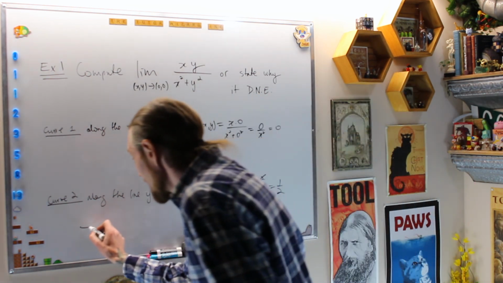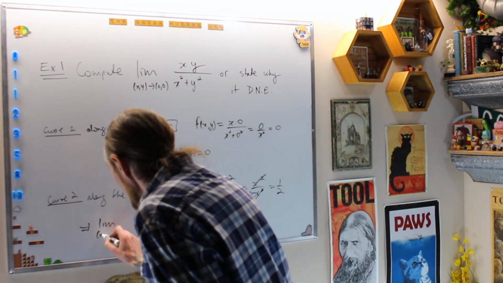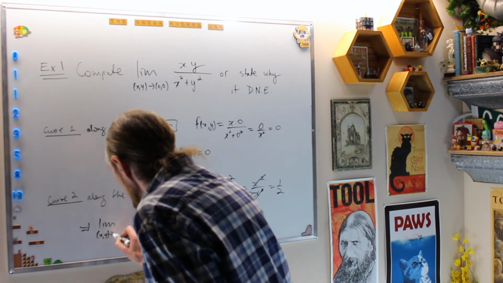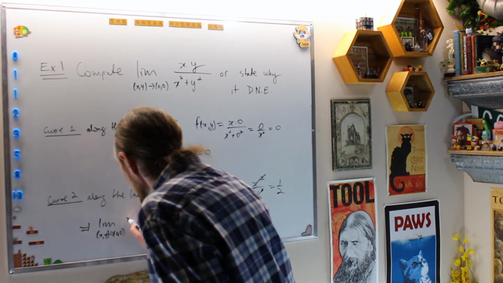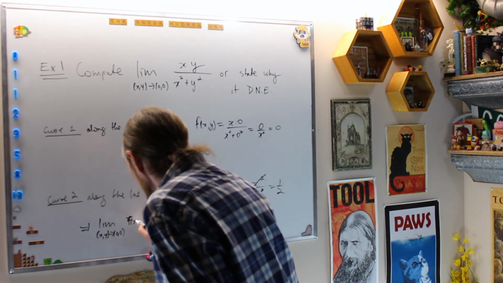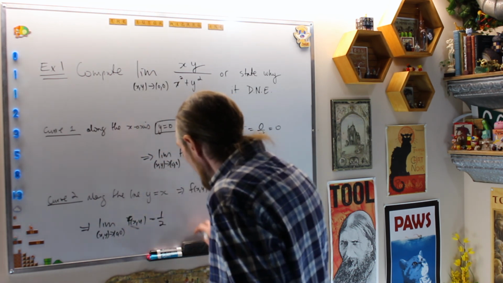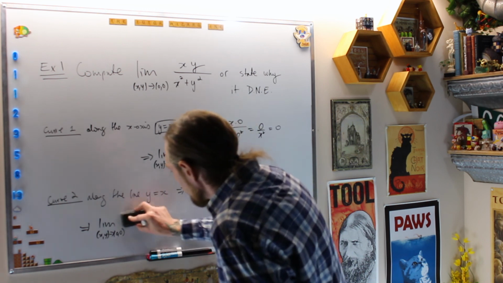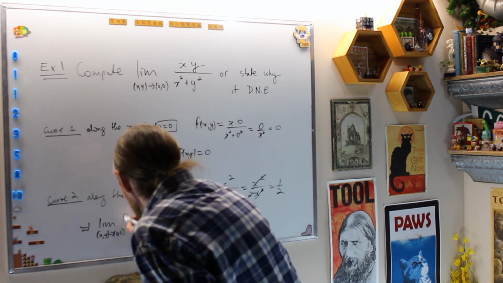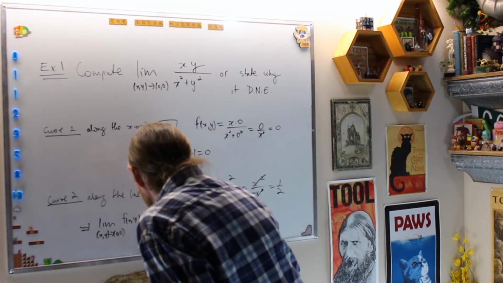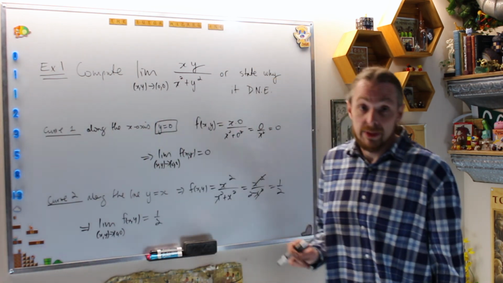So that says that the limit as (x, y) approaches (0, 0) of f(x, y) is equal to 1/2 along curve 2.